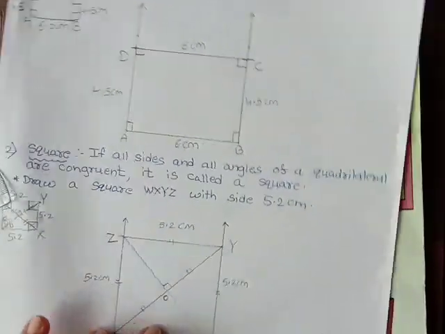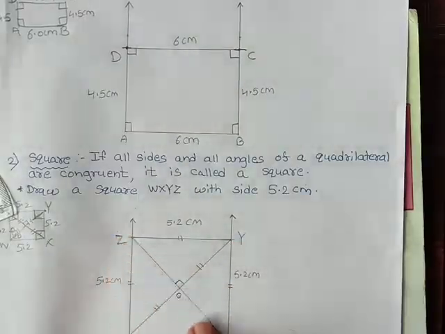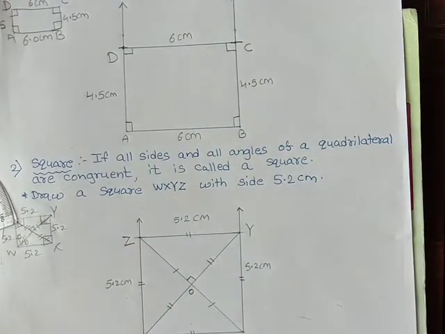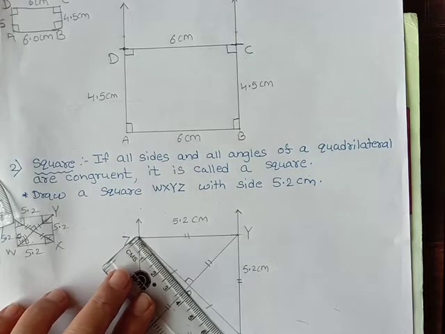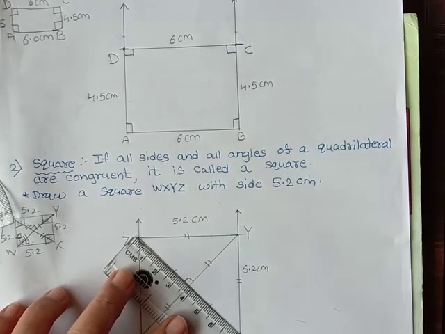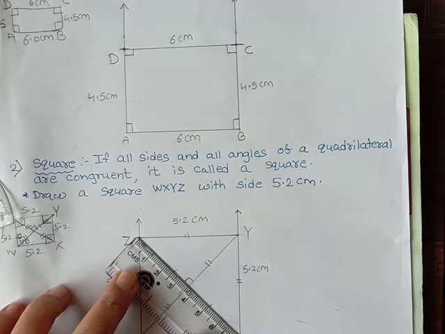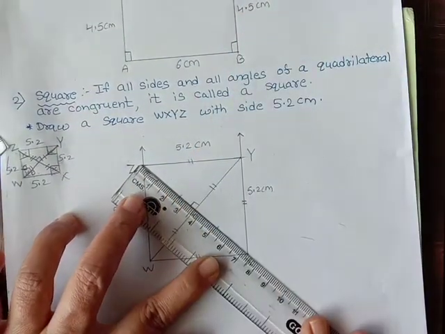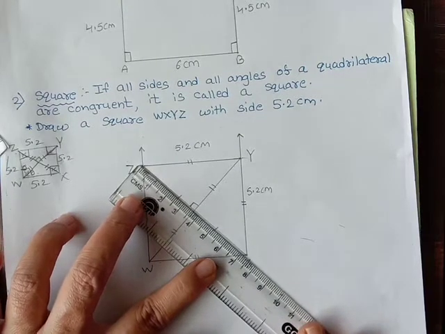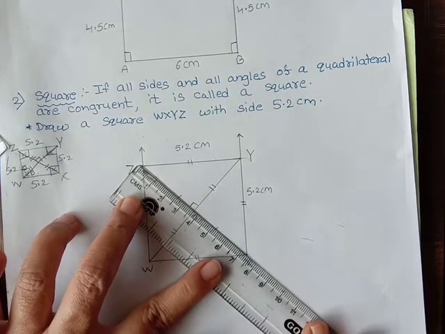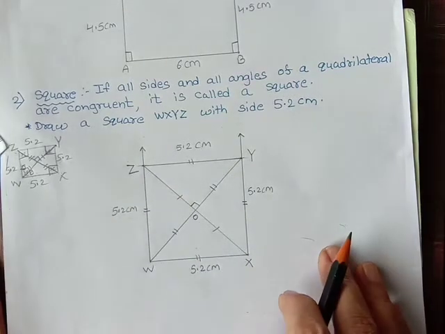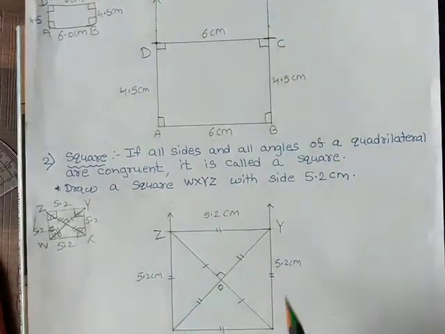That is to say that this diagonal is bisected by this diagonal, and this also, both will be the same. If you measure these two also, they are equal. Both the diagonals will have the same measure, 7.3 arbitrarily. So diagonals are equal.